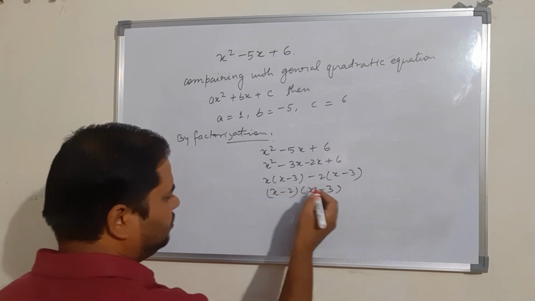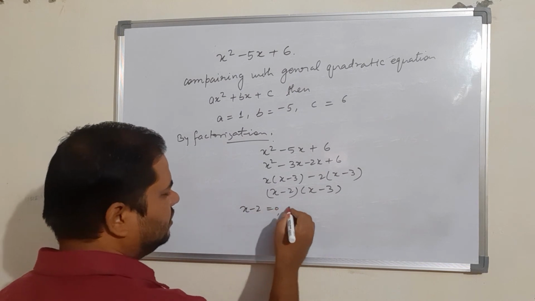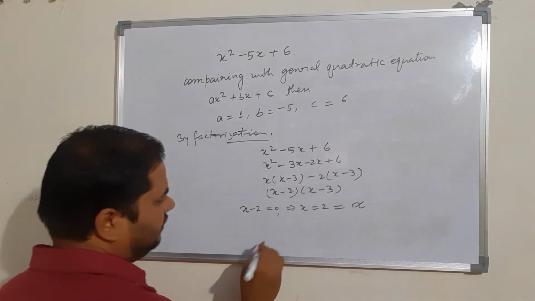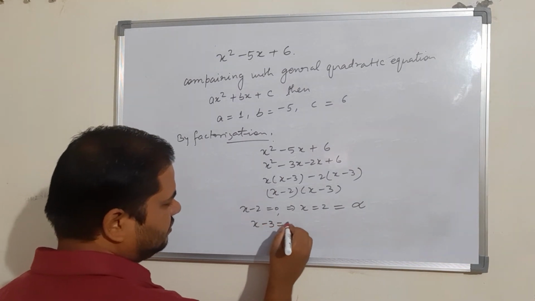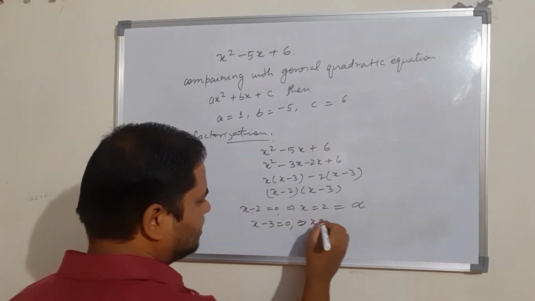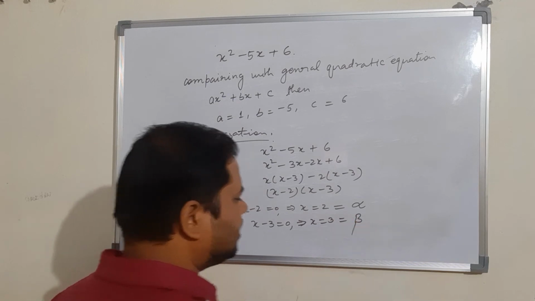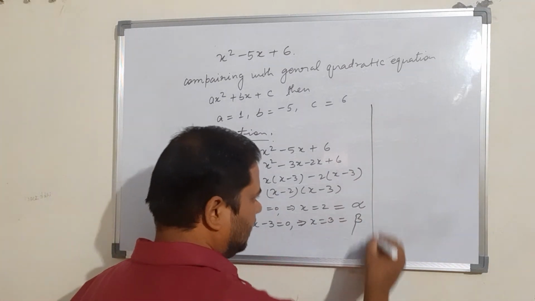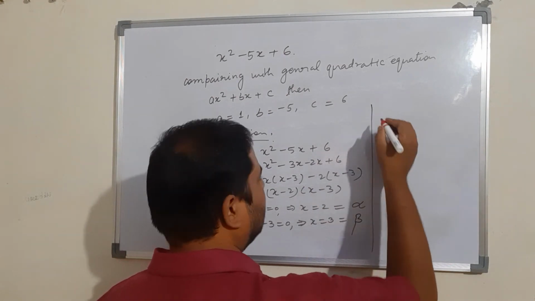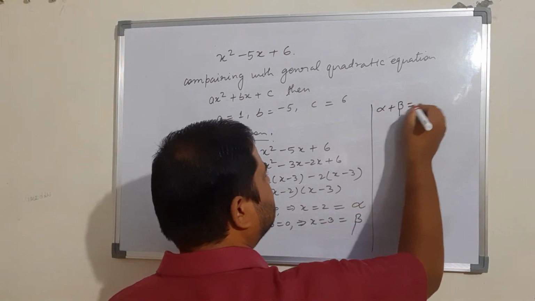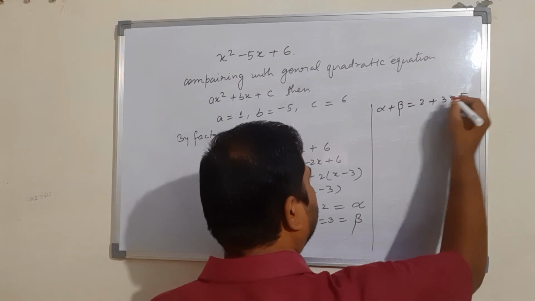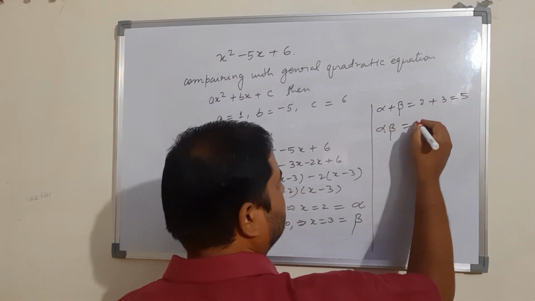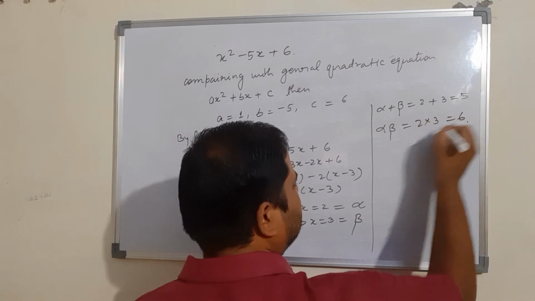Obviously the zeros are: x minus 2 is equal to 0, implies x is equal to 2, suppose this is alpha, and x minus 3 is equal to 0 implies x is equal to 3, suppose this is beta. Manually, alpha plus beta is 2 plus 3, which is 5, and alpha beta is 2 into 3, which is 6.